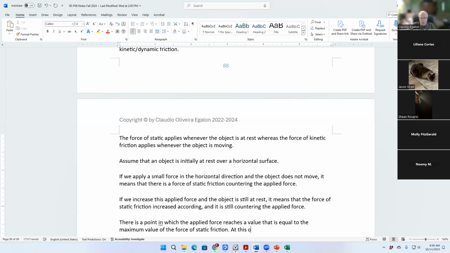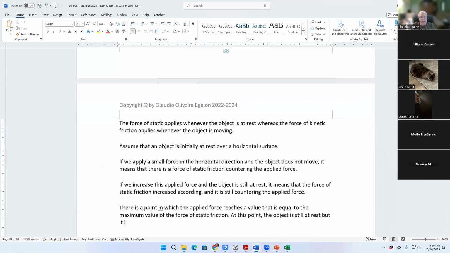At this point, the object is still at rest, but it is on the verge of motion.